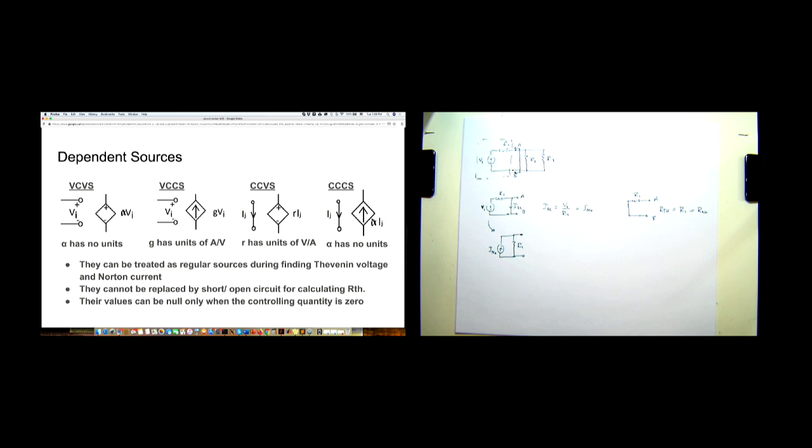So you have A times Ij flowing in another branch. Now, these can be treated as regular sources when finding the Thevenin and Norton equivalents, as we said, and they cannot be replaced by opens or shorts when you're calculating R Thevenin or R Norton.